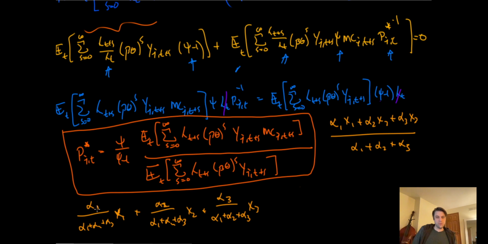At each period s, we're going to have some discounted expected output, y j t plus s, and then we also have the total sum of all of our outputs over all history. And so the contribution of each period's marginal cost to the total chosen optimal price is just the fraction of that period's contribution to that total output.